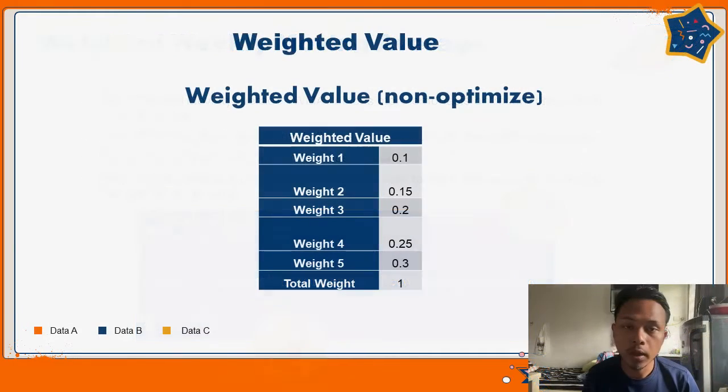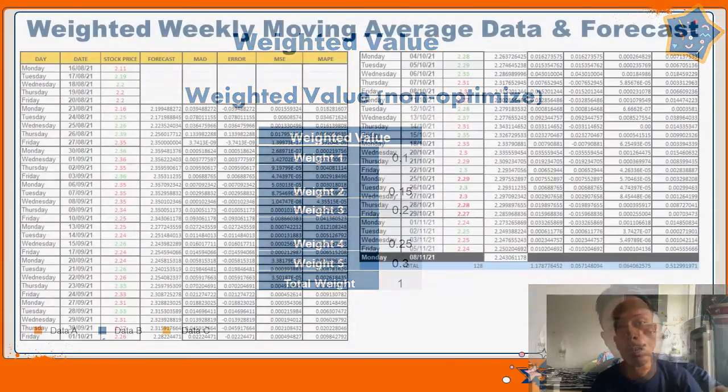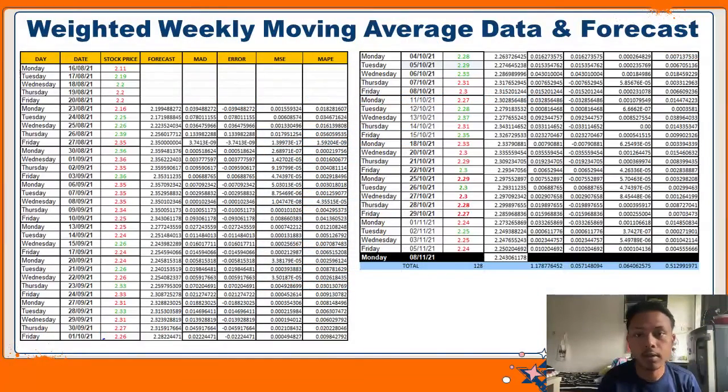The weights for this weighted moving average technique have been assigned randomly, with the most recent data having a greater value than the past data, and the sum of all of the weights is equal to 1. Therefore, by referring to the slide, this is the forecast that we have done by using the weighted moving average technique, and the forecast for 8 November 2021 that we get is RM 2.24.